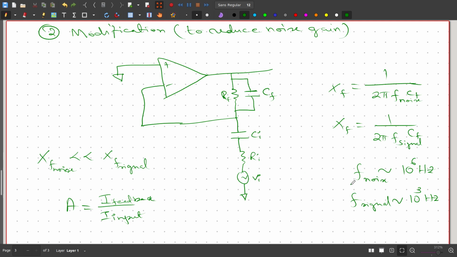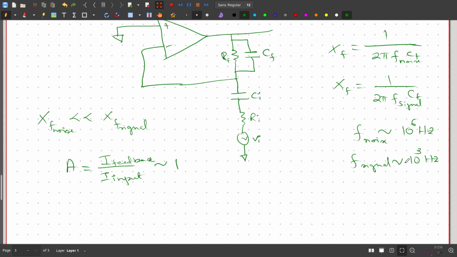Therefore, the noise amplification is more or less unity, whereas for the signal the impedance is 10 power 3 orders higher than this impedance. This is for noise, and this is for signal.